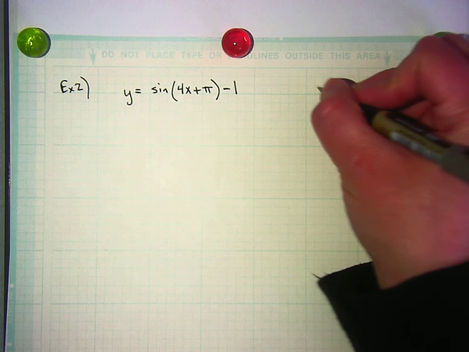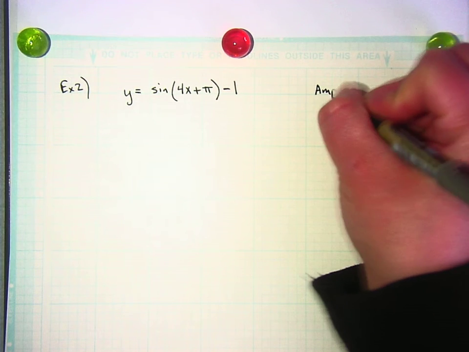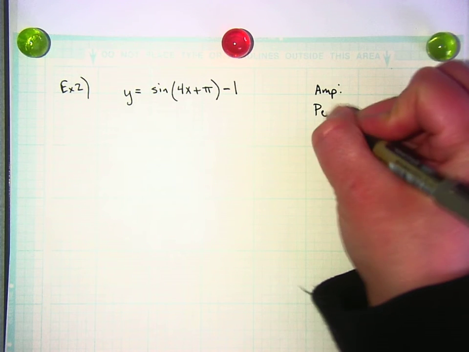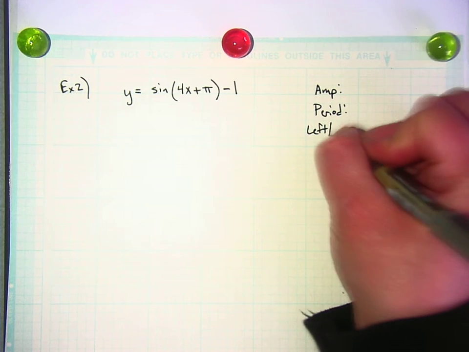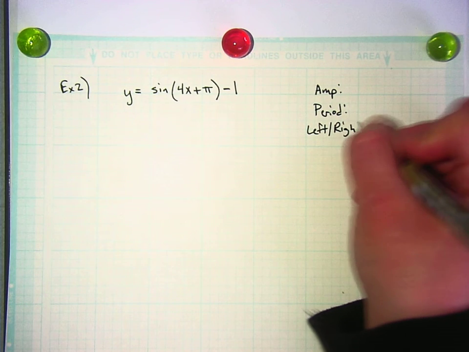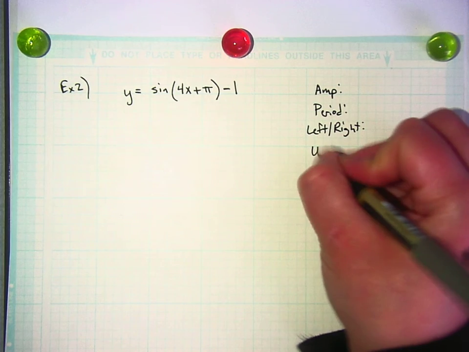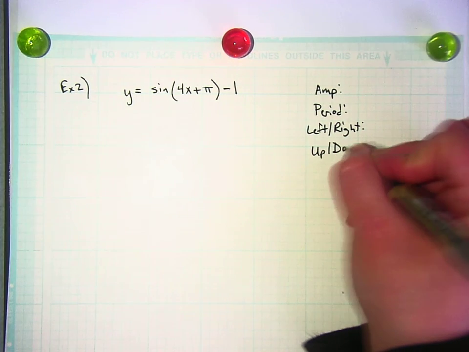I'm going to help you start this thing by writing out the stuff on the side. Again, the things that you need to care about every time are the amplitude, the period, how far it moves left and right, and how far it moves up and down.